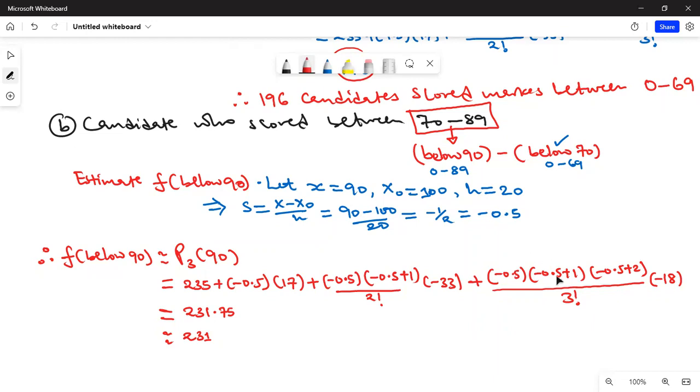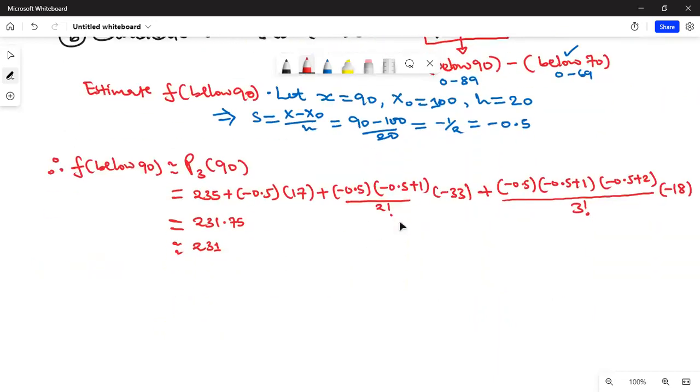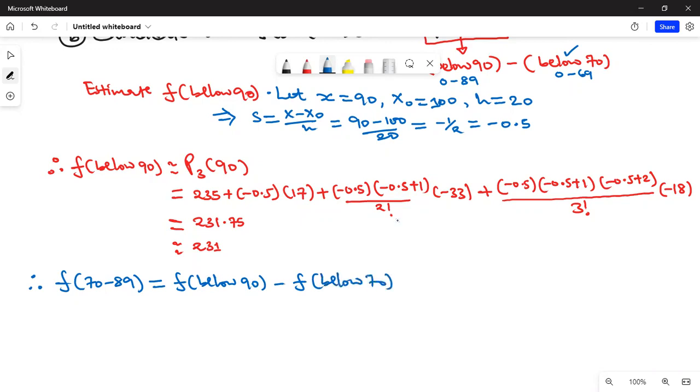So therefore, f of between 70 to 89 is simply equal to f of below 90 minus f of below 70.